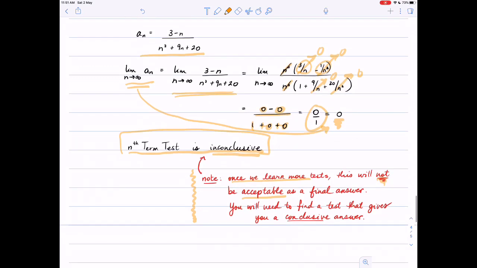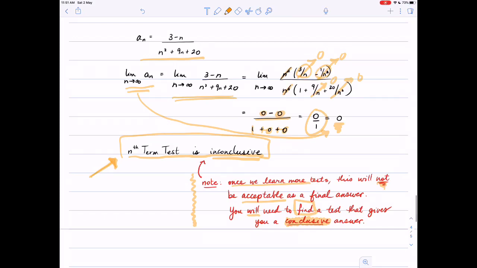So in future, once we know more tests, in a case like this, you will need to find another test by going through our list of tests that we are in the process of developing. Find one that will give you a conclusive answer. For the moment, though, we are going to leave it right there, because the goal of this lesson is just to show you how the nth term test works.